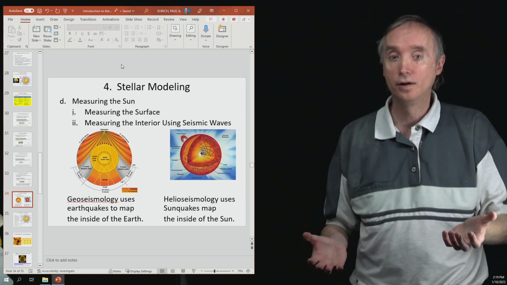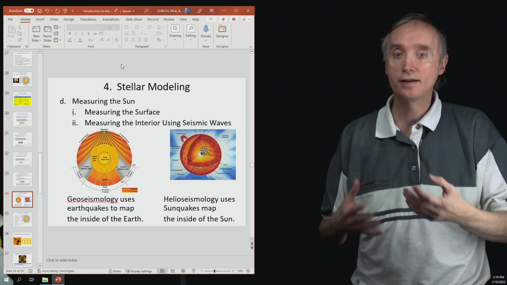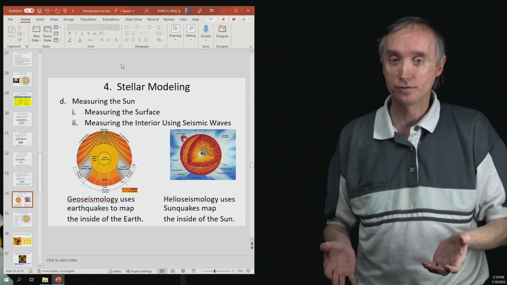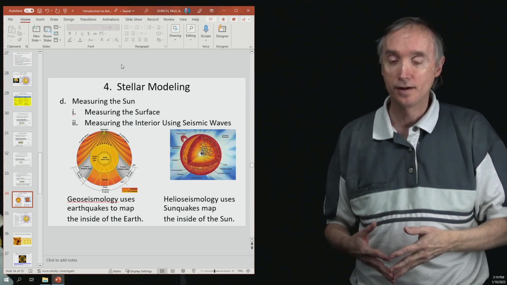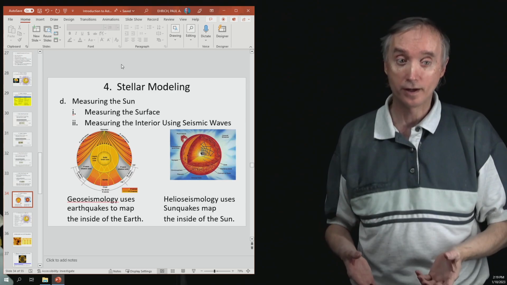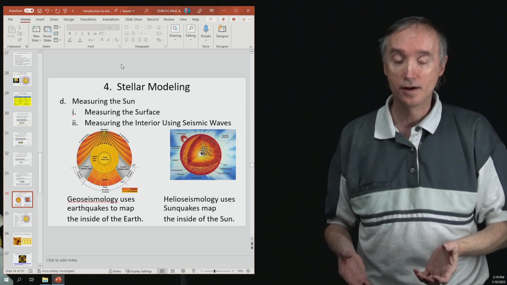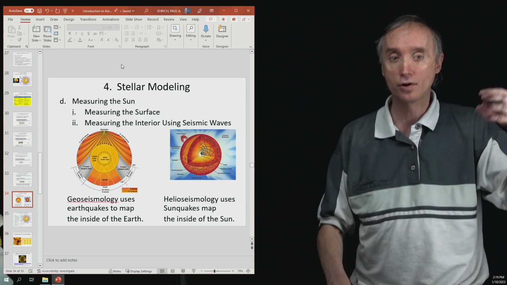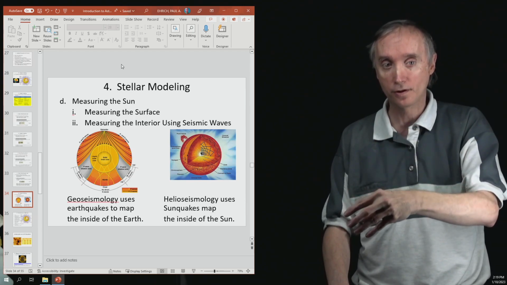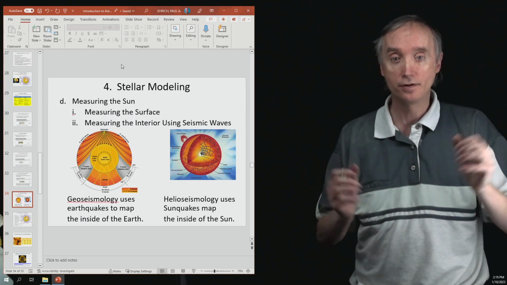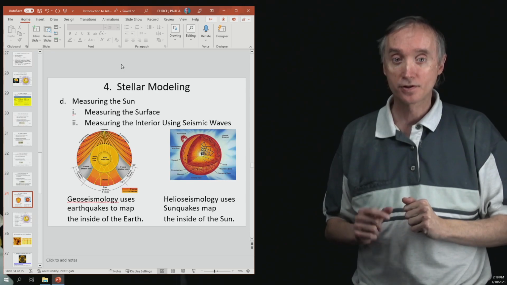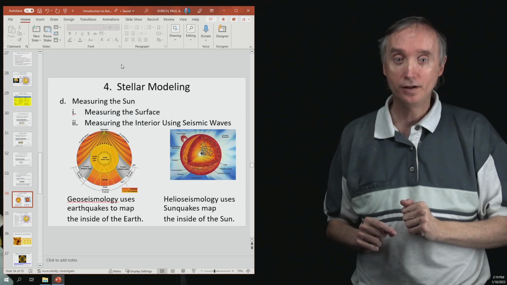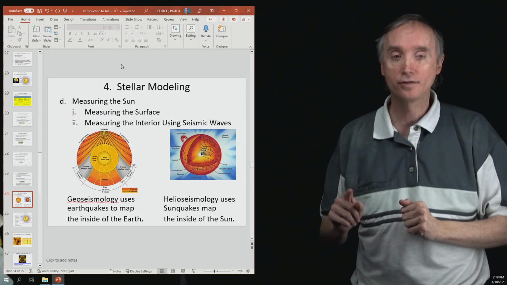How do we know? We have set off nuclear explosions on the surface of the Earth, and also earthquakes have occurred on the surface of the Earth, and we have measured how those earthquake waves move through the Earth and bounce off the different layers. Similarly, we can do the same thing for the sun.